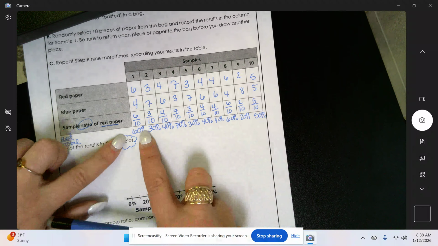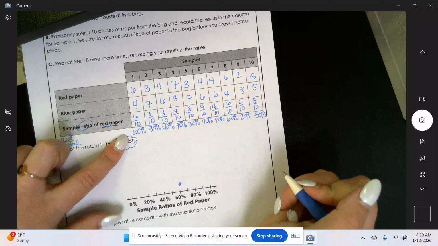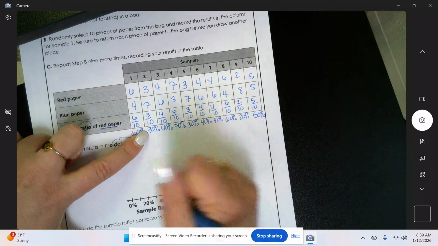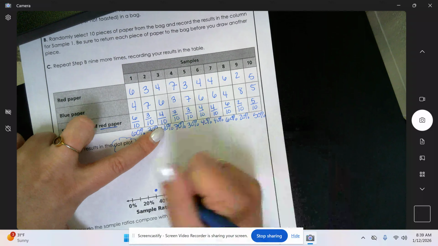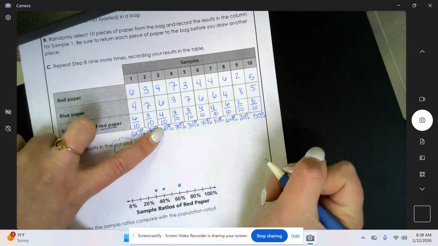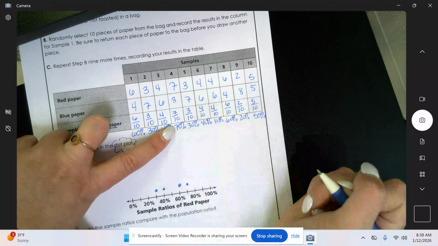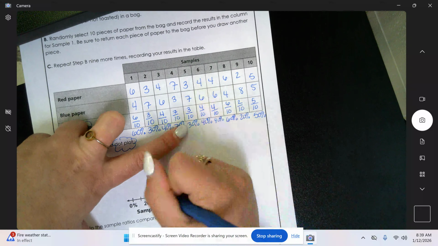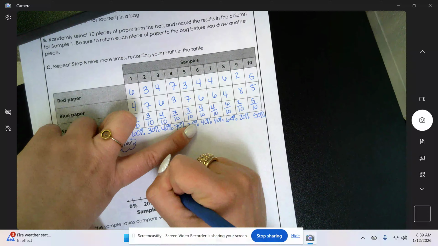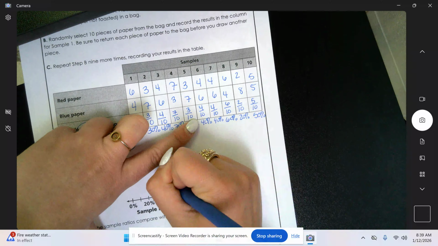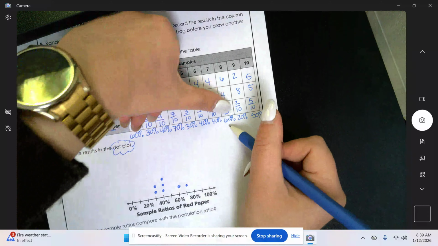So I've got a 60%. I'm going to come over to 60, I'm going to put a dot. I'm going to come over to 30, put a dot. 40, dot. 70, dot. 30, 40, 40, 60.